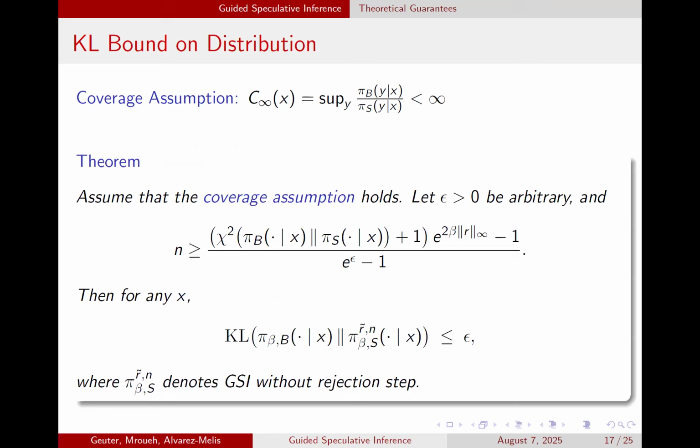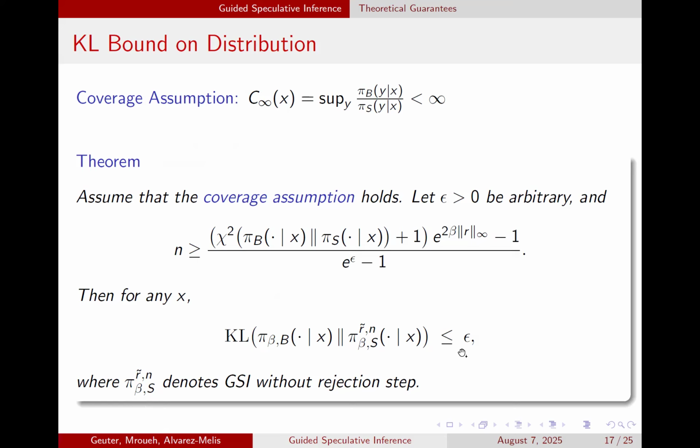The first one is that under this coverage assumption, for arbitrary epsilon larger than 0, if we choose n large enough, I mean, forget about this term, just n large enough, we can show that the distribution that we sample from, so this distribution here denotes our algorithm, but without the rejection step in the end, the KL between this distribution and the tilted distribution is bounded by epsilon.